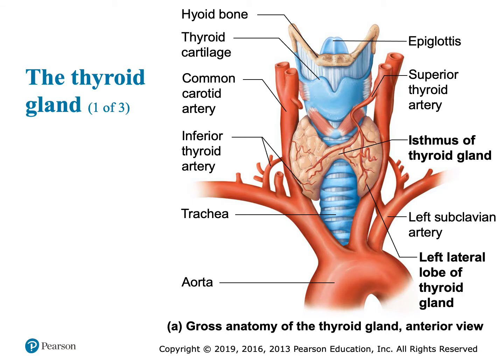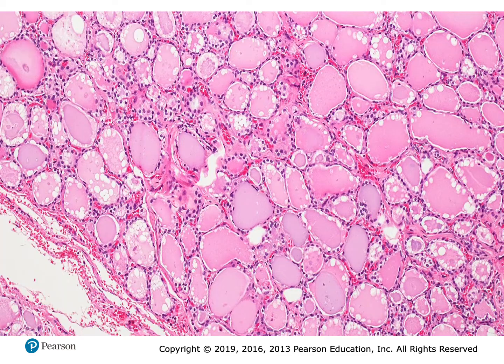So here's a detailed picture so you can see exactly where that guy lives. And here is a histological slide of the thyroid. So let me find that little pointer. Here we go. This is a follicle. This is a follicle. This is a follicle.